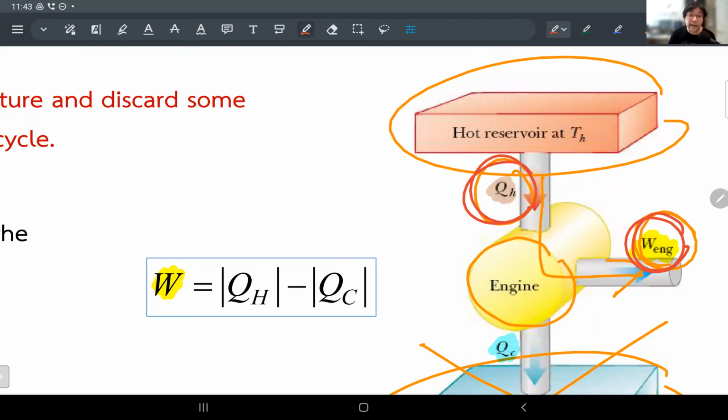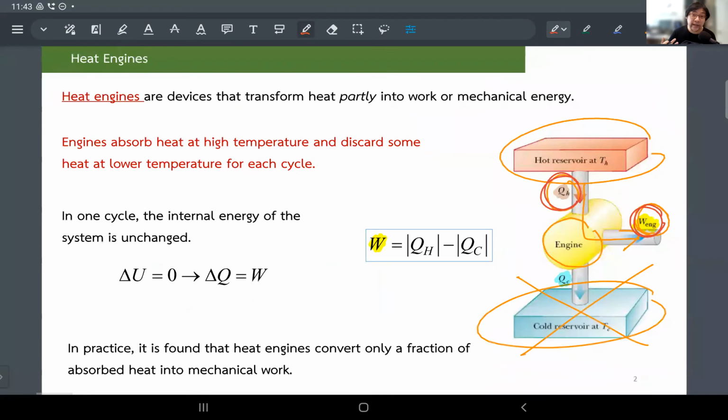The way efficiency is defined is what you get over what you have to provide. For example, right now I'm providing you with the thermodynamics material, and the question is how much you understand.